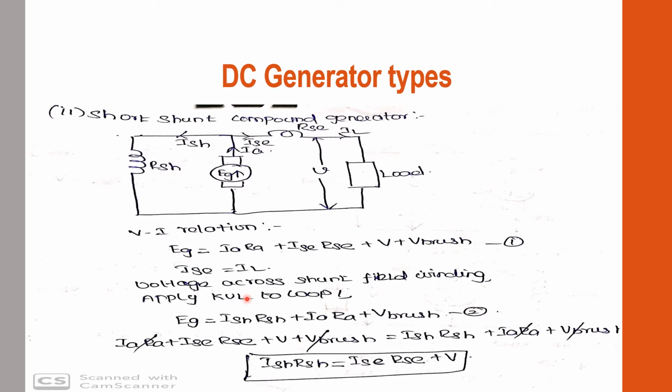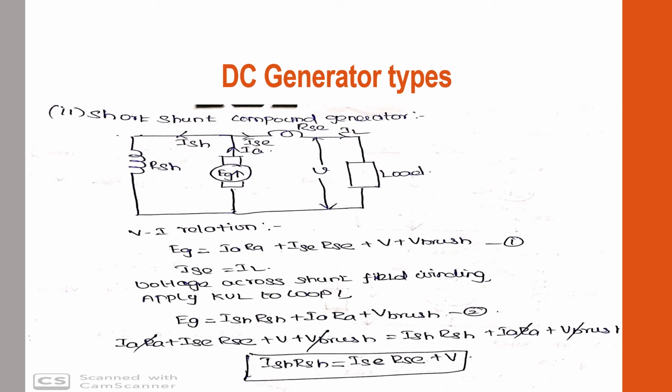The voltage across the shunt field winding, so we have to apply KVL to the loop. So EG equal to ISH into RSH plus IA RA plus V brush. So this is the second equation for loop 1, and this is the first equation for loop 2. If you are equating both equations, we can get the relationship between your shunt field winding and series field winding.